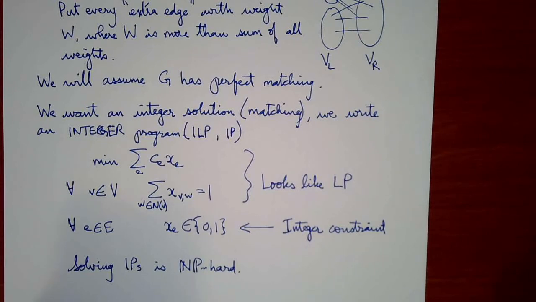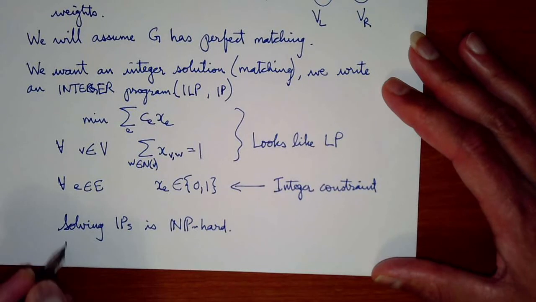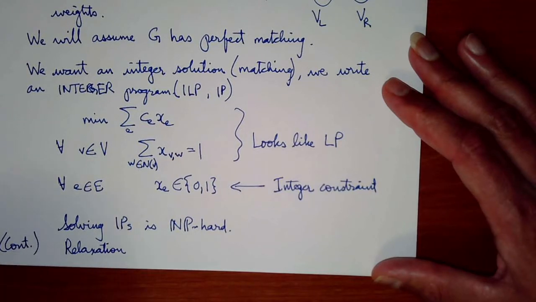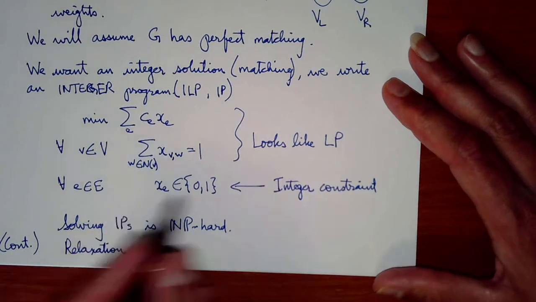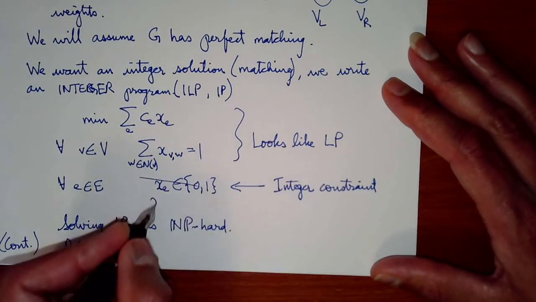So what we do is something called a relaxation, or sometimes called a continuous relaxation. What we do is we replace this integer constraint by a linear constraint.